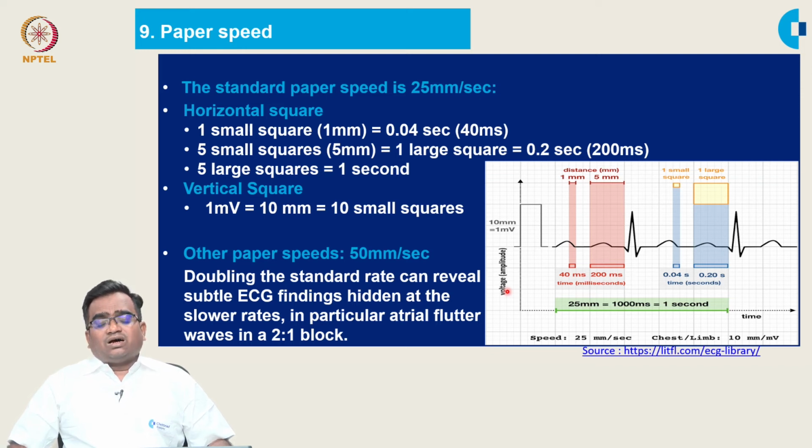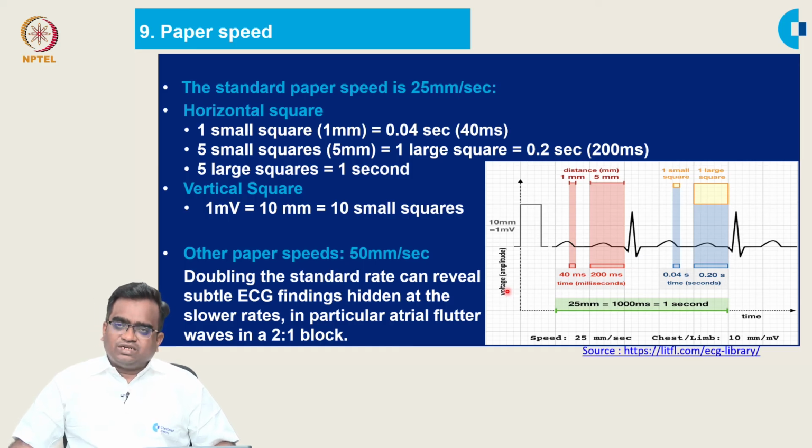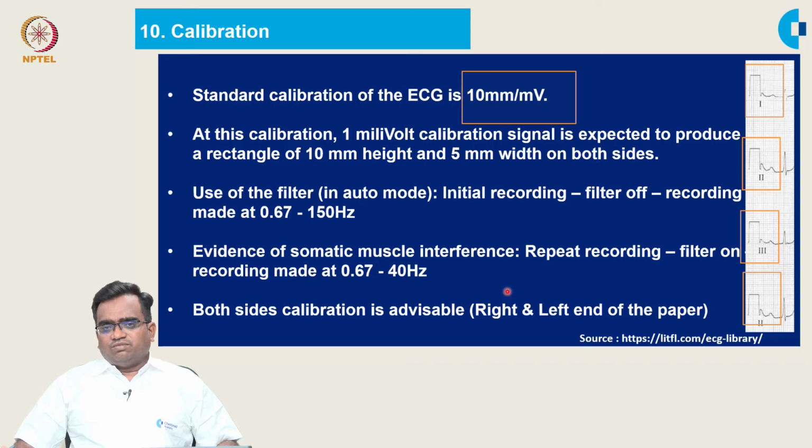Still, there are other speeds available in the ECG machine, like 50 mm per second, which is used particularly at the time of atrial flutter, or with a higher heart rate the speed has to be adjusted to 50 mm per second. Next, we move on to the calibration.